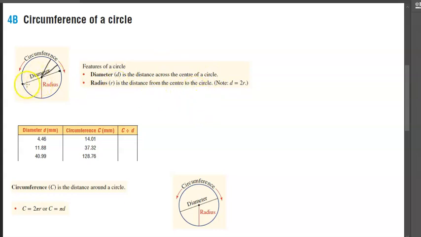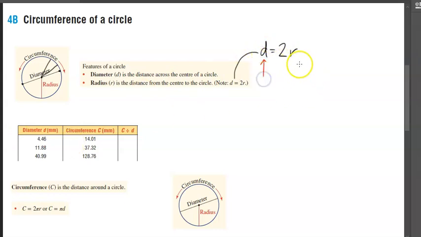Now notice that the diameter here is the same as getting two lengths of the radius. I can fit a radius within here and within here. So there's this little formula here which says that D is equal to 2R. So let's dissect this a little bit. D is equal to 2R. D means the diameter.